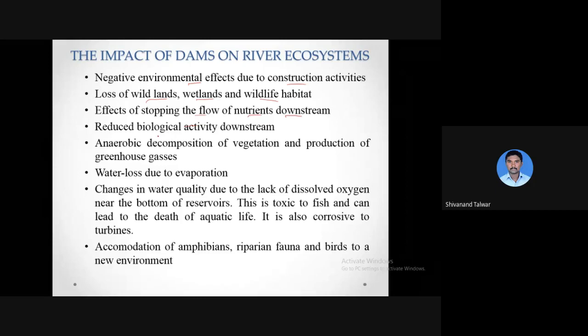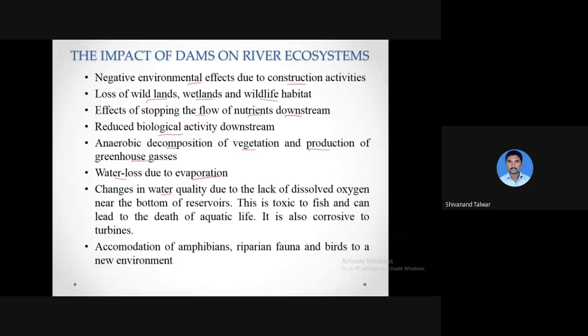There will be reduced biological activity. There will be anaerobic decomposition of vegetation, and due to construction activities and all, there may be production of greenhouse gases. Mainly the water loss will happen due to evaporation. These are the impacts of dam on the ecosystem.